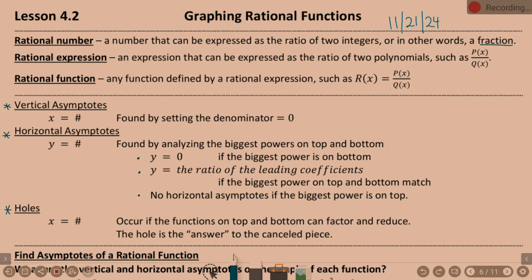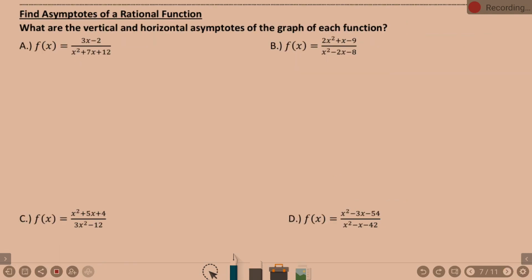Let's go down. The easiest way to make sense of these rules, though, is to use them. So let's go down, look at A, and try and use the rule, okay? Now, the question here is what are the vertical and horizontal asymptotes of the graph of each function? So let's start with a vertical asymptote. Okay, what does the rule say up above about vertical asymptotes?